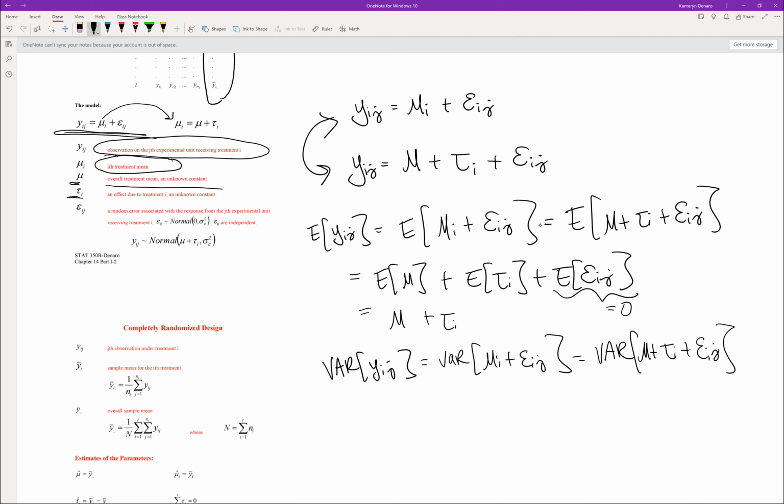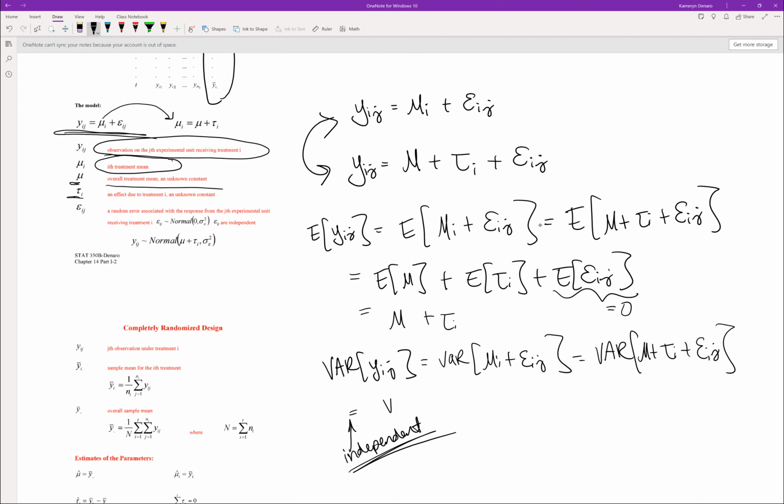And we can pull the variance through, but since these are independent, right, our mu and our tau I should be independent of the epsilon ij.